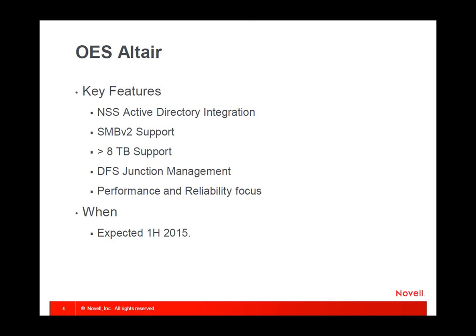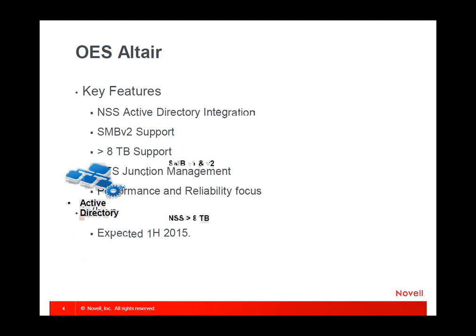Going to the details of what constitutes this. Now, this diagram essentially shows the file stack of OES and how it is today, and compare this with what's coming next, the changes that we are doing. All we are doing is allowing Active Directory to become another identity store to access your files on the OES servers.